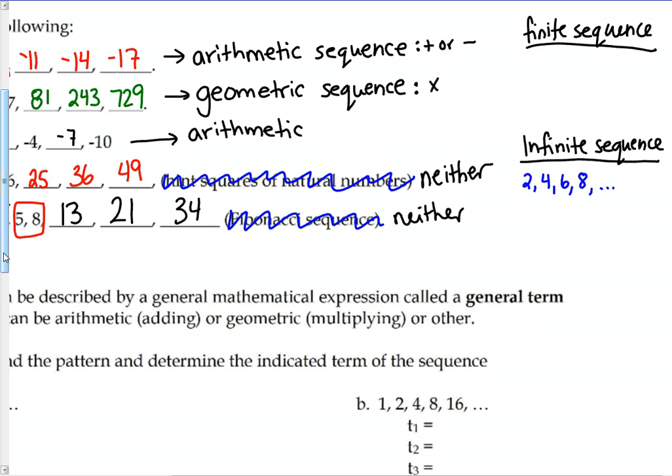Finite, finito, finish, these are all from the same root. If it finishes, or if it's finite, it has an end. So it ends with a period, or it just ends. Okay? The top one's finite, the bottom is infinite. Okay? Pretty simple?